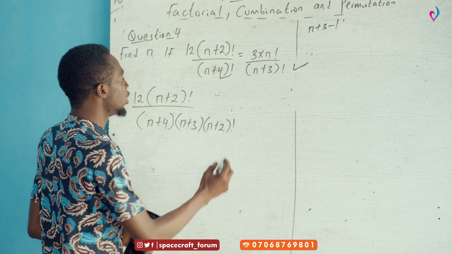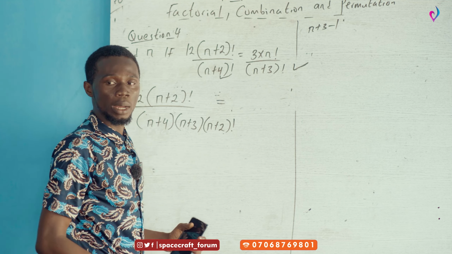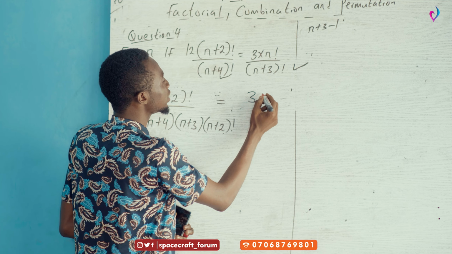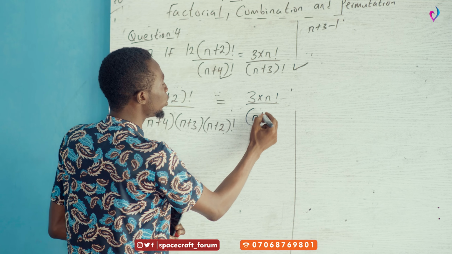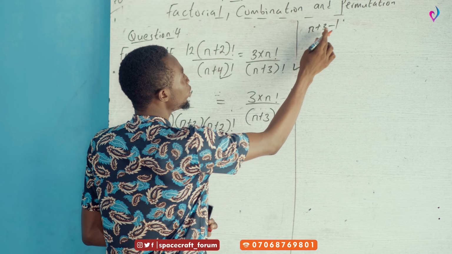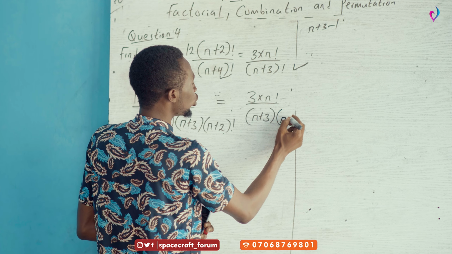Then factorial. Then is equal to this other side. We have to reduce the lower part of it also, while the upper part is 3 times n factorial. So let's reduce the lower part, which is n plus 3 close bracket. The next one is going to be what? n plus 3 minus 1, which is n plus 2.